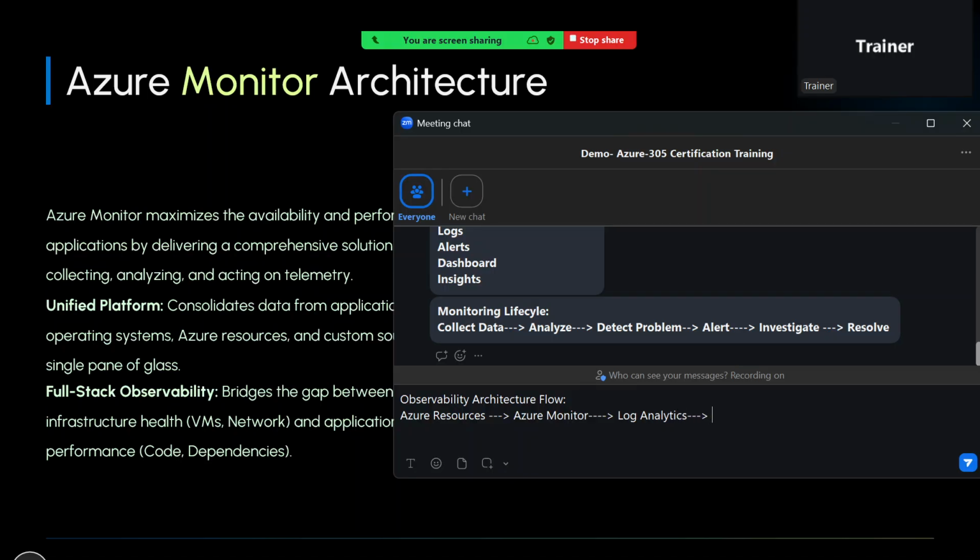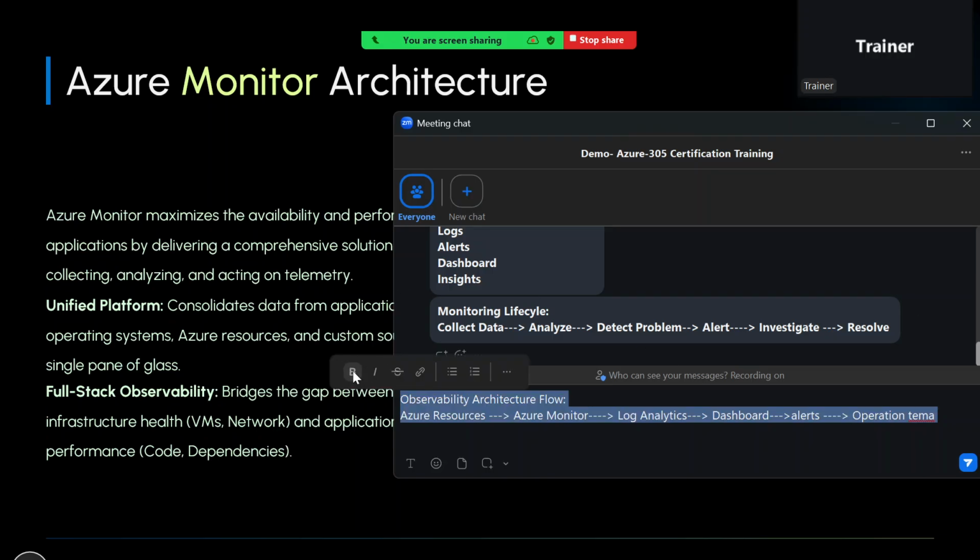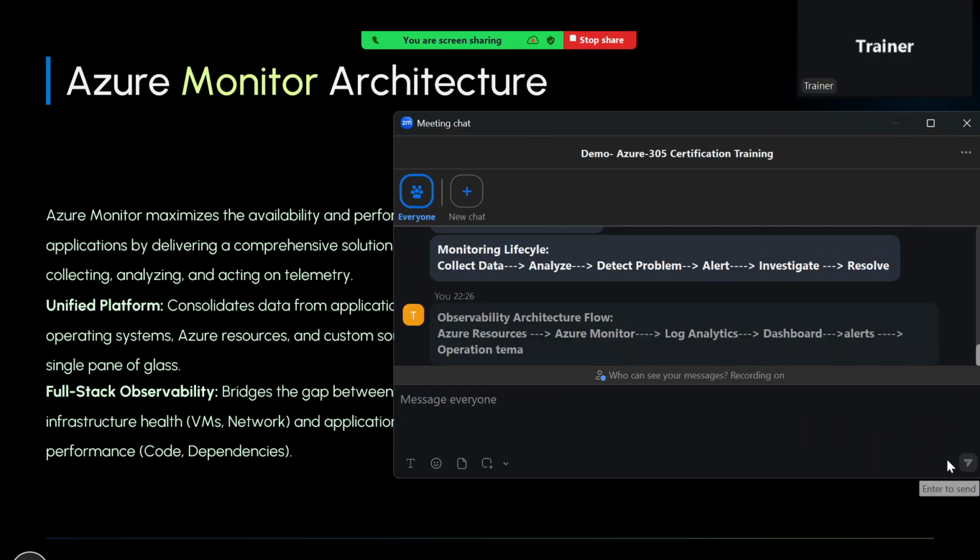Then it goes to dashboards, then to alerts. Then it goes to the operations team to detect and solve the problem. So this is what the observability architecture flow looks like.